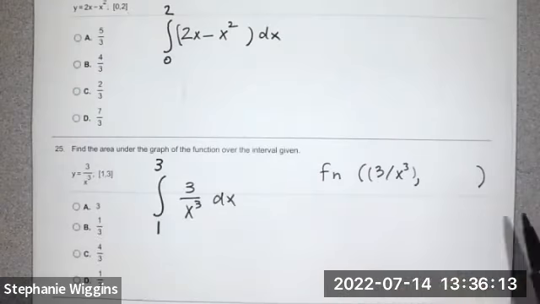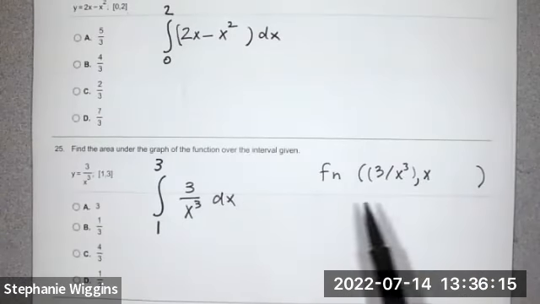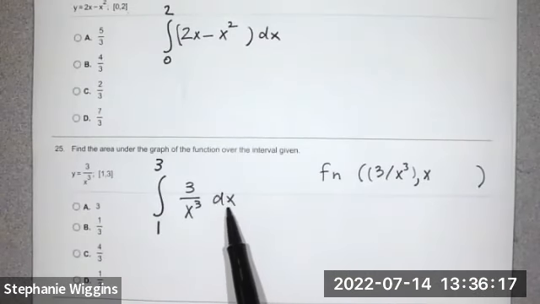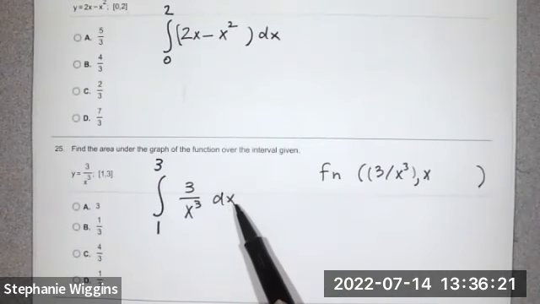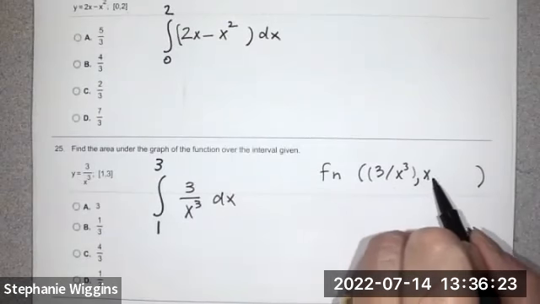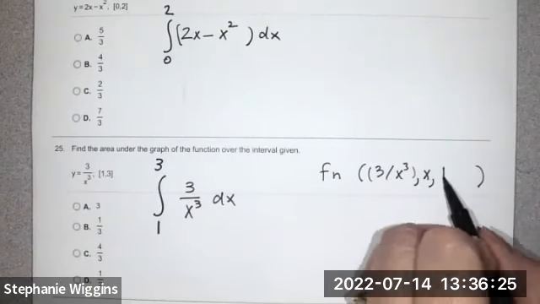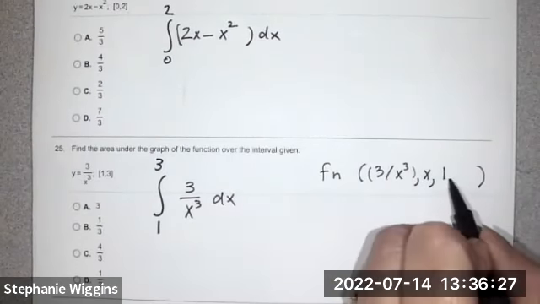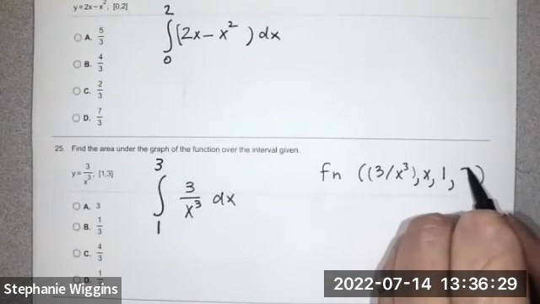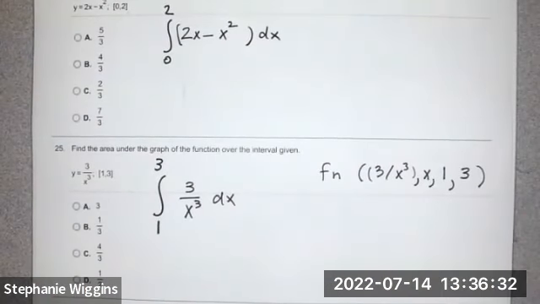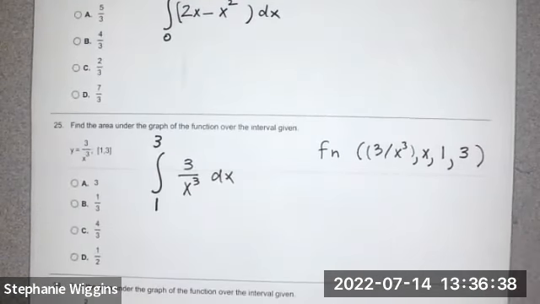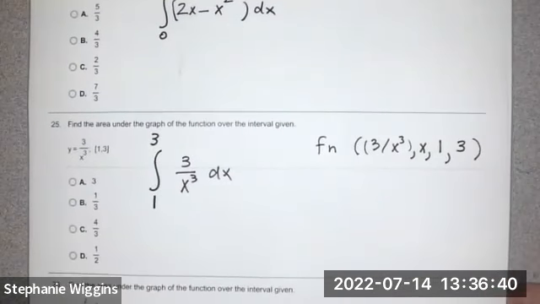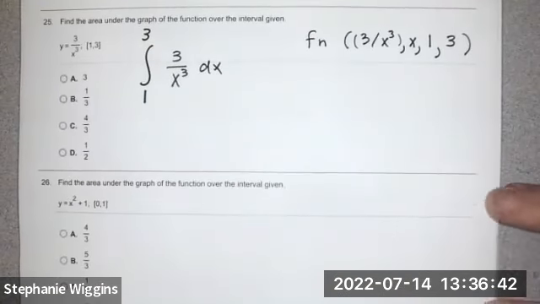Then you're going to have a comma, and you're going to put x. The x shows you that you're going to have a dx there. It doesn't put the d, it just puts x. Then you start with 1, the bottom index, put another comma, and put the top index. There are other ways of entering the information, but this is the classic way. Whatever works for you, you want to practice to make sure you get it right.